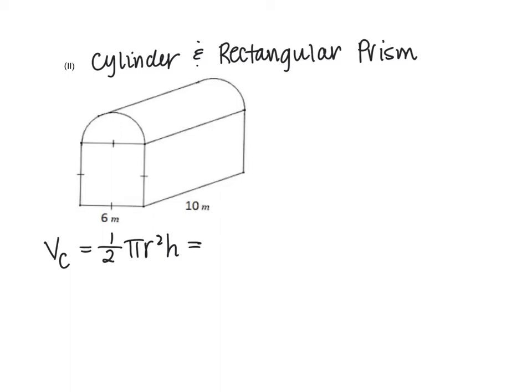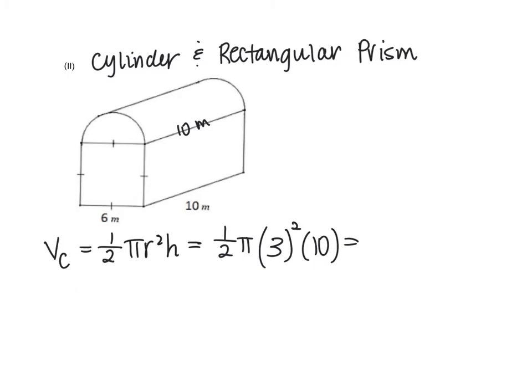So now I want to plug in what I know. So 1/2 times pi. Now if I look, I actually have a square rectangular prism, because this base shape is a square, which means that the diameter of the cylinder, the circle base, is 6, which means the radius is 3. The height of the cylinder, if we look at our rectangle, that is also 10 meters, so its height is 10.